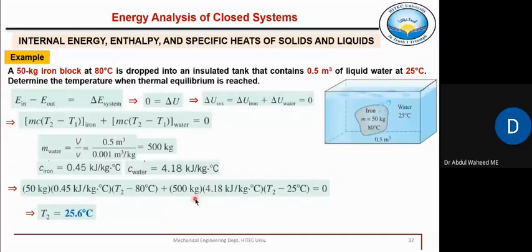Specific heat of water is very high, 4.18. बिल्कुल बिल्कुल. और जो आयरन की है that is only 0.45. और also mass of water. Mass of water is 500 kilograms. So MCp of water is significantly greater than MCp of iron. That's why the final temperature is near to water and not iron.